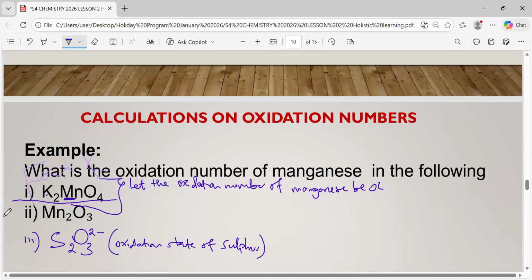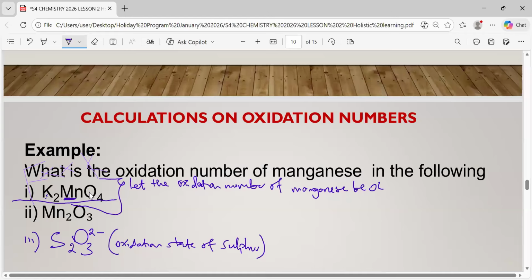Do we know the oxidation number of potassium? You recall, we said that it is positive 1 because potassium is a group 1 element. Do we know the oxidation number of oxygen?